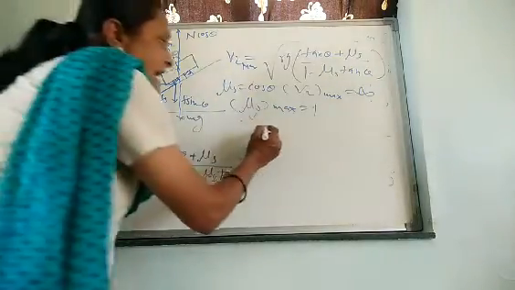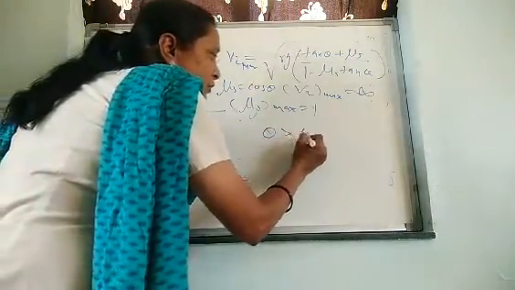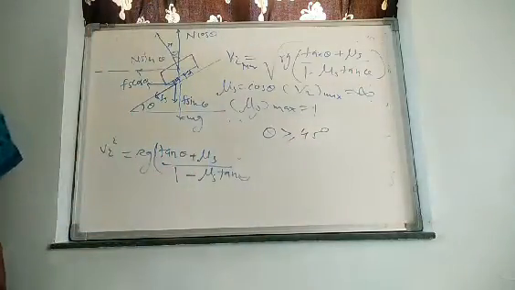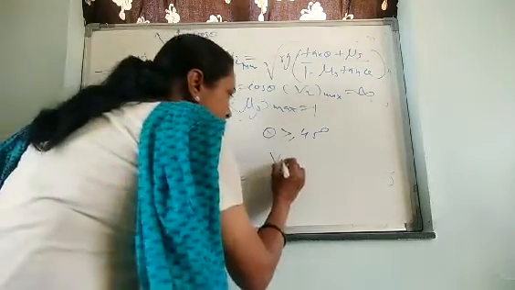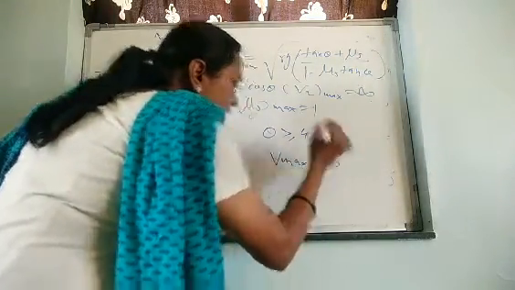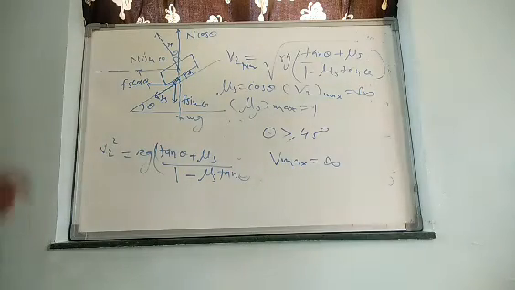That is, for an angle theta greater than or equal to 45 degree, V maximum is equal to infinity. And therefore you can say that here the maximum speed will be equal to infinity in this case.